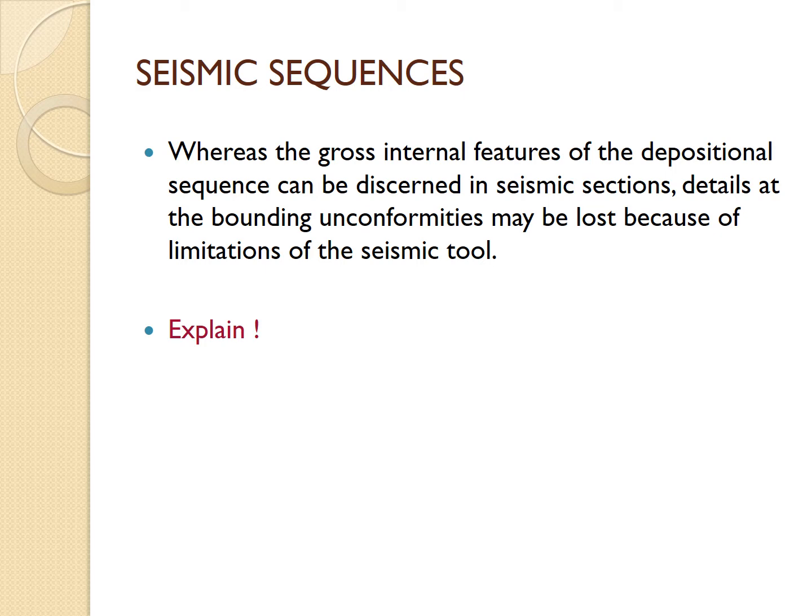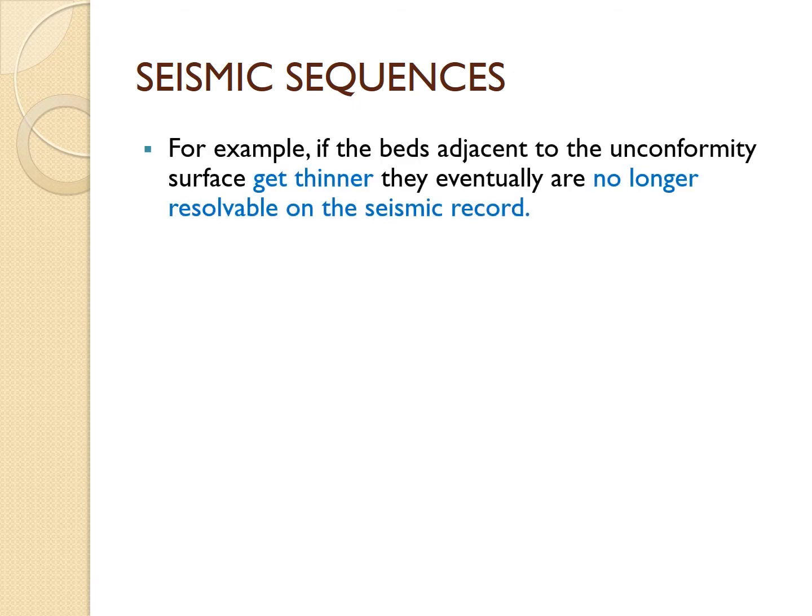Can you explain why details at the bounding unconformities may be lost because of the limitation of seismic tools? For example, if the beds adjacent to the unconformity surface get thinner, their thickness is very small, they eventually are no longer resolvable by the seismic record.